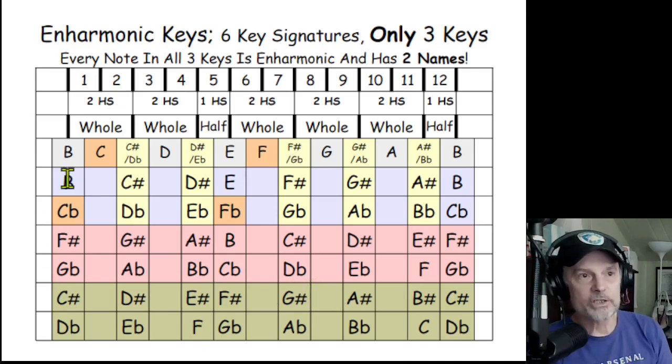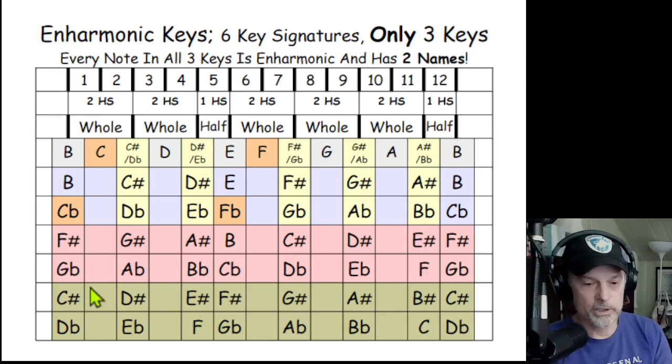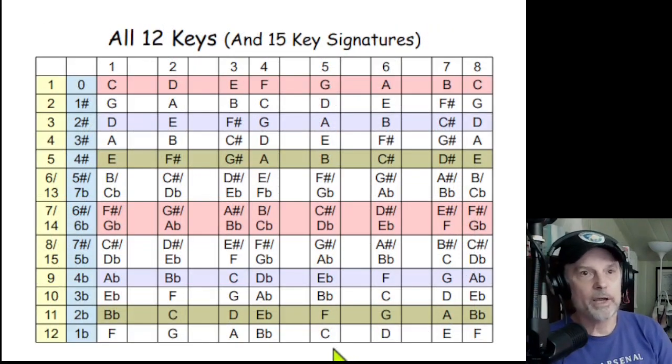You can write these 3 keys down in 6 ways, but there's only 3 sets of unique notes, so we only have 3 keys. Now we have derived 7 sharp keys and 7 flat keys and 1 key with no sharps or flats.